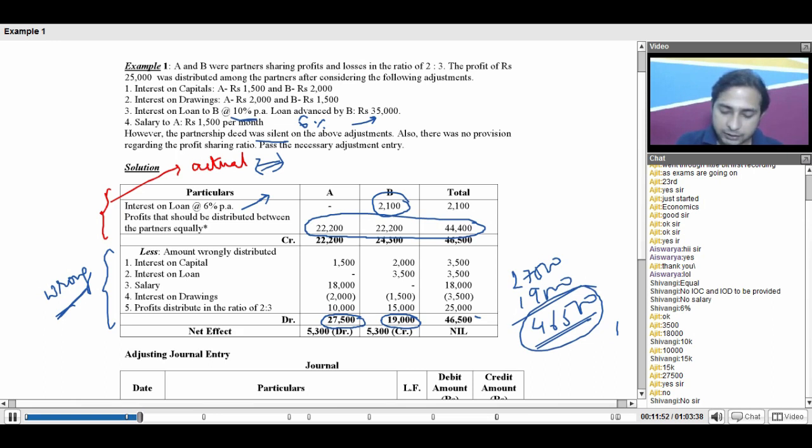If we deduct 2,100 from here, since we are doing the actual thing, the amount we are left with is 44,400. Now, since the partnership deed was silent and there was no provision regarding the profit sharing ratio, we are going to share this among both the partners in equal ratio. So is this clear?